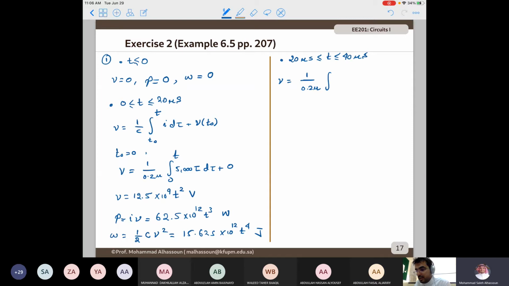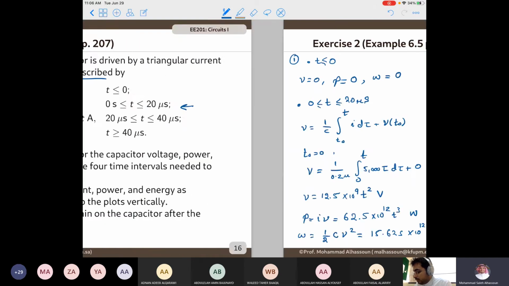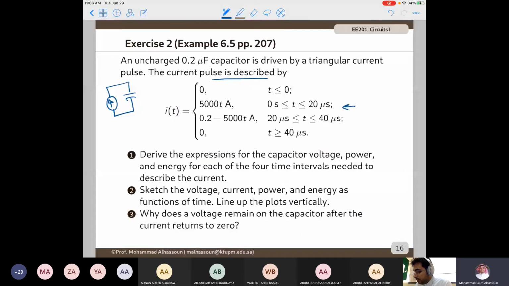From 20 to 40, the initial value is 20 micro, but here we are looking for an expression, so the upper limit should be t.